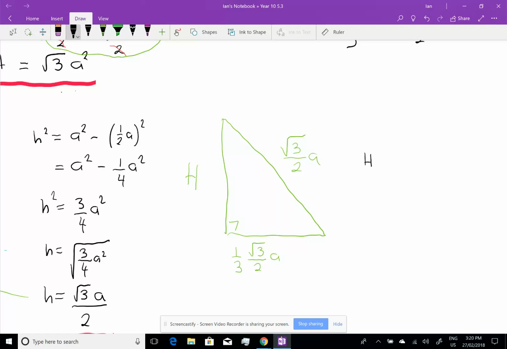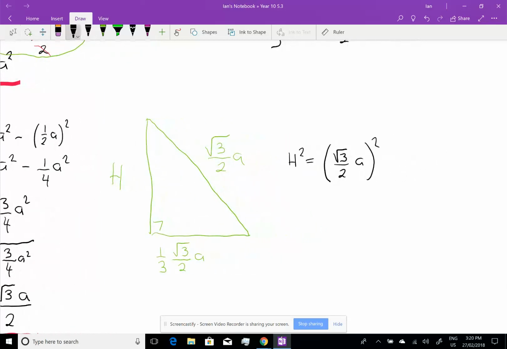Big H squared equals root 3 on 2a squared minus root 3, and 2 times 3 is 6, a squared. Just make sure you know that's root 3a, 2 times 3 is 6.